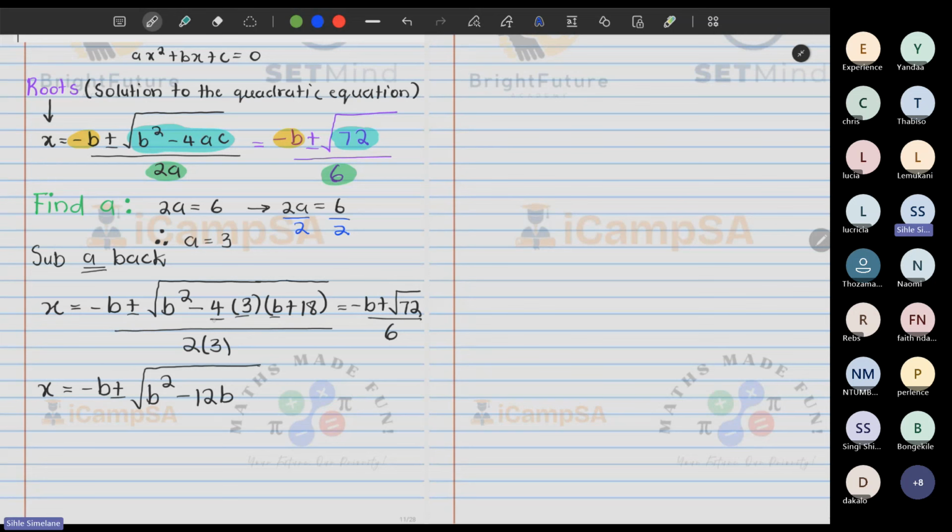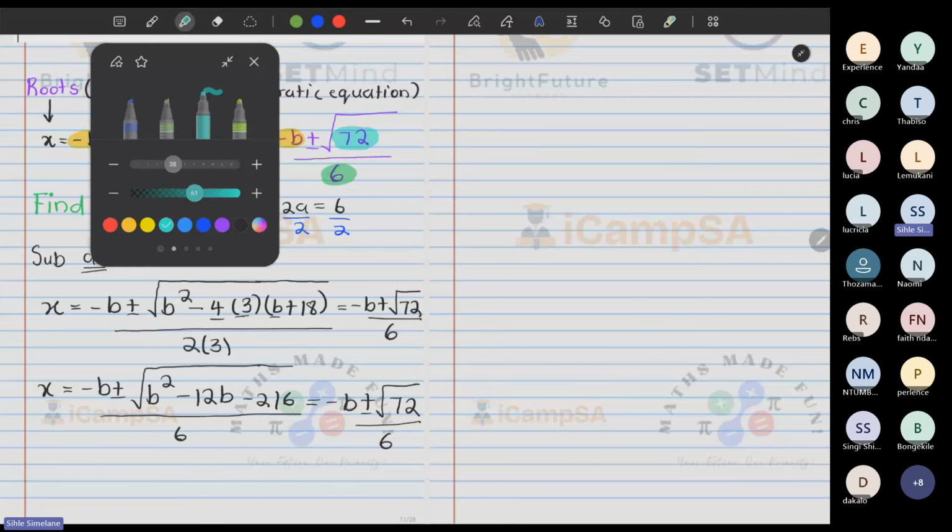And then 4 times 3 times 18, what is that, guys? 12 times 18. 216. So b squared minus 12b minus 216, all divided by 6, and minus b plus or minus the square root of 72 divided by 6.